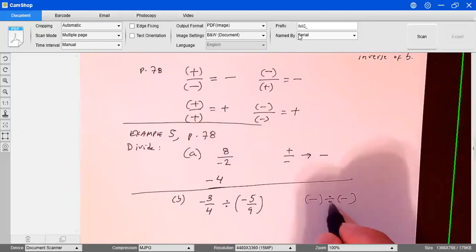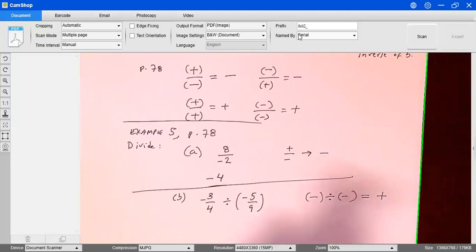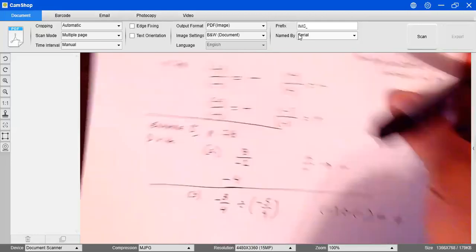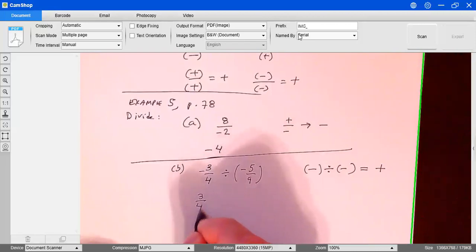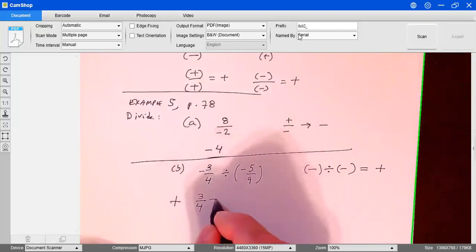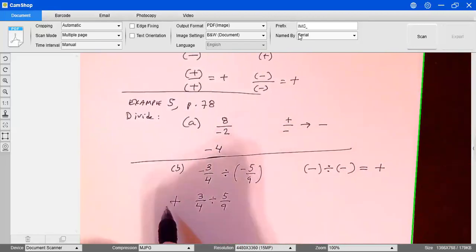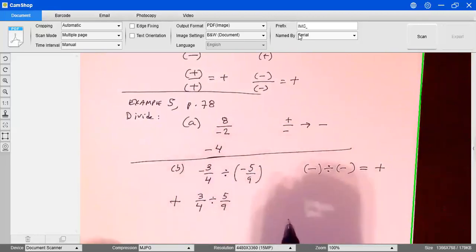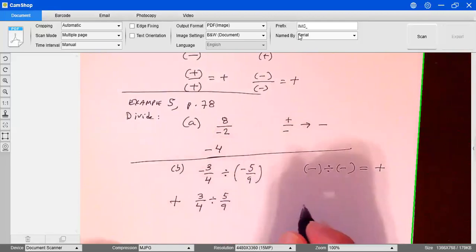So negative divided by negative is going to be positive. So we can get rid of the negative signs now. We know that the answer is going to be positive, so you're going to have just 3 over 4 divided by 5 over 9. So you don't need to write the negative sign now because you have the sign for the entire operation. So remember how to solve this division of fractions.